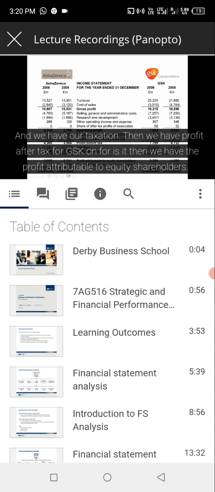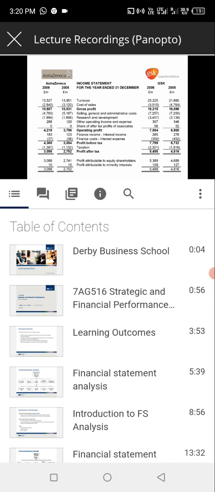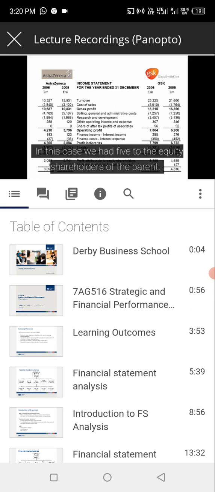Then we have the profit attributable to equity shareholders. In this case, we are referring to the equity shareholders of the parent.